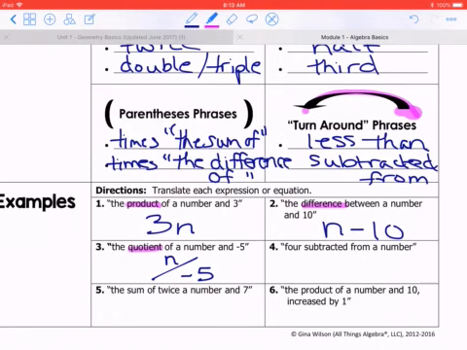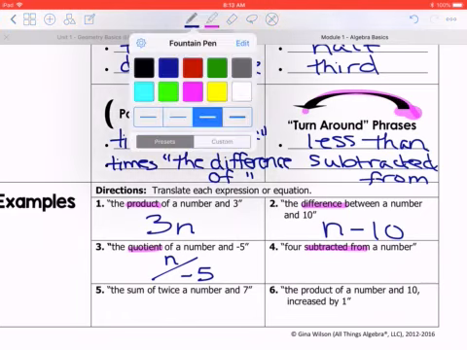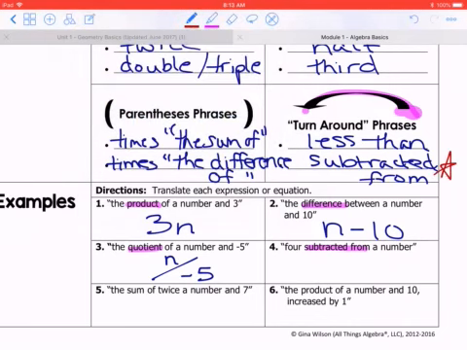This one says 4 subtracted from a number. Now look up here, subtracted from was one of our special turnaround ones. So now it's 4 subtracted from a number, which means we're actually going to do n minus 4, because you're taking 4 away.